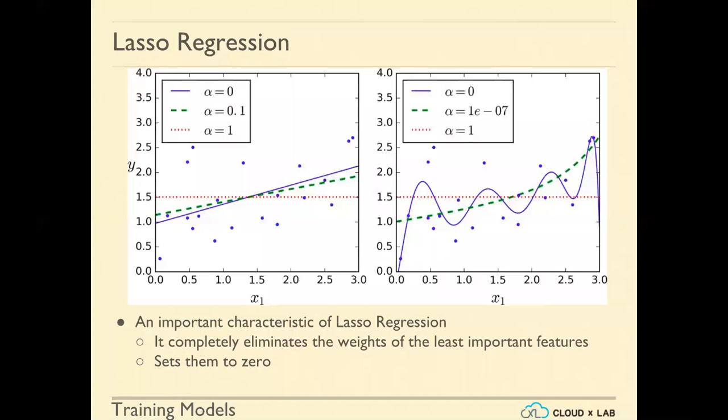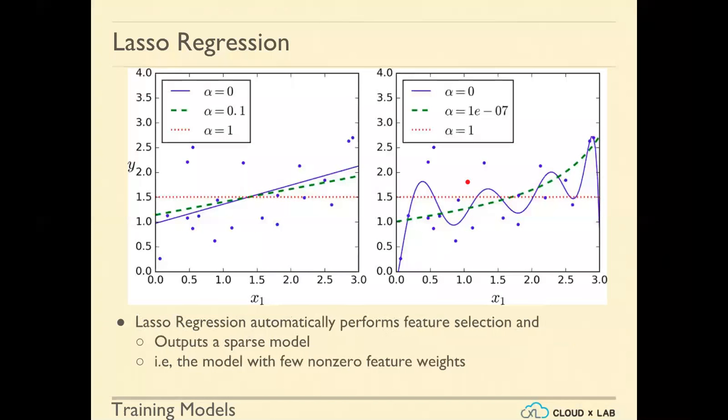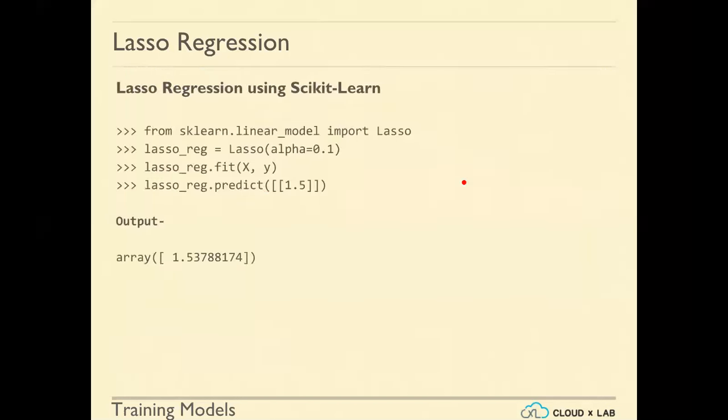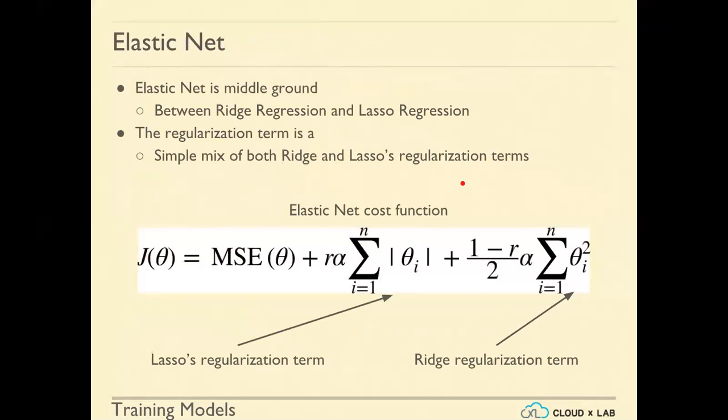Ridge does not eliminate the features that are irrelevant, while lasso only keeps the features which are the most relevant. Therefore we can't use either of them alone. Instead, we use a combination of them, called elastic net. It's a middle ground between the two.